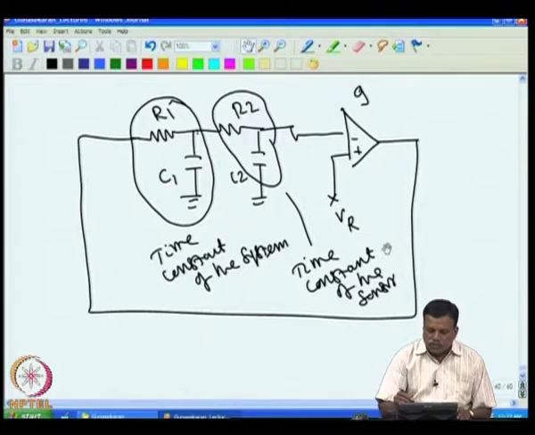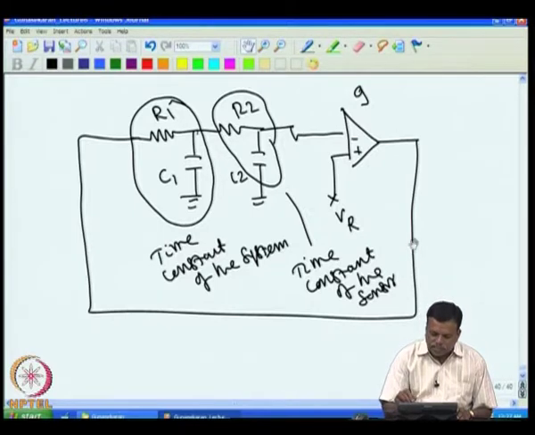So, if you do not want the loop to oscillate, we have to make sure either the phase shift is not 360 degrees around the loop, or the gain is lower than the attenuation provided by these two RC elements. If that is satisfied, then the system cannot oscillate.